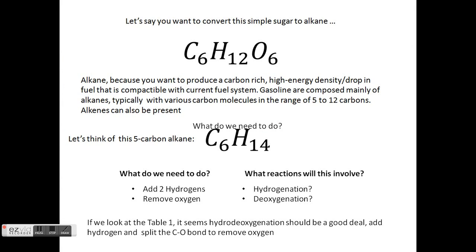So that seems to satisfy the two goals we would have in mind, because we want to add hydrogen. We use hydrogen to split it up. Hydrogen becomes part of the compound. At the same time, it's removing oxygen. So this seems like a very good, ideal reaction to use.